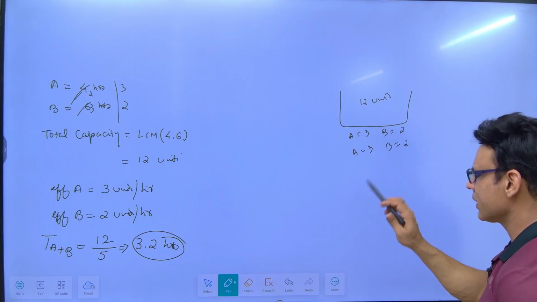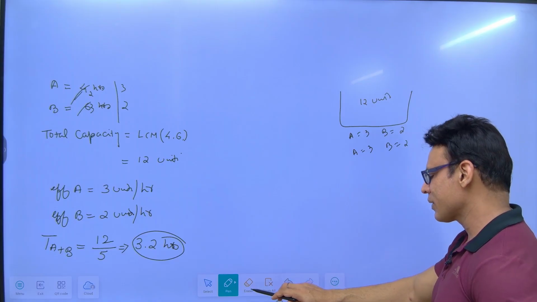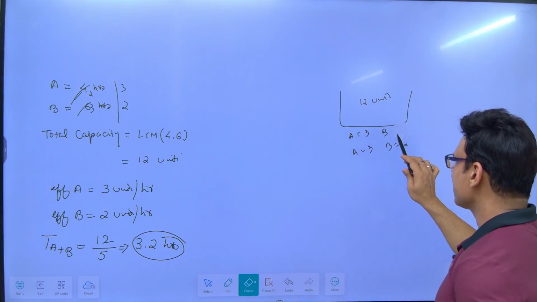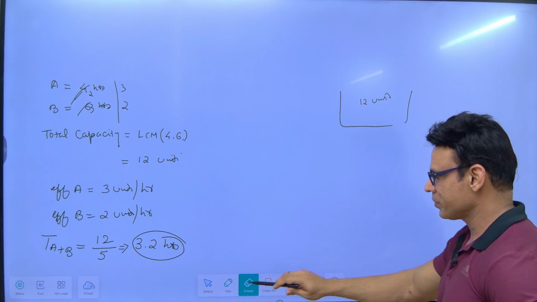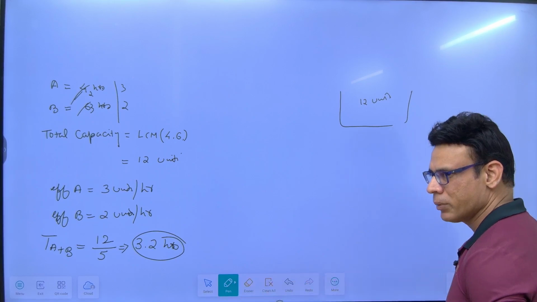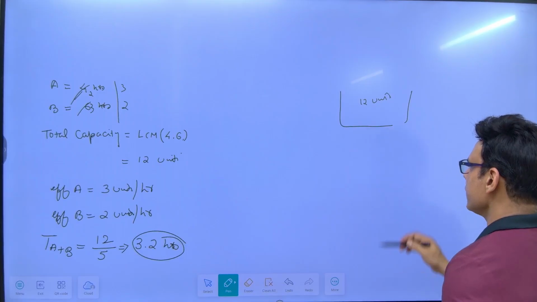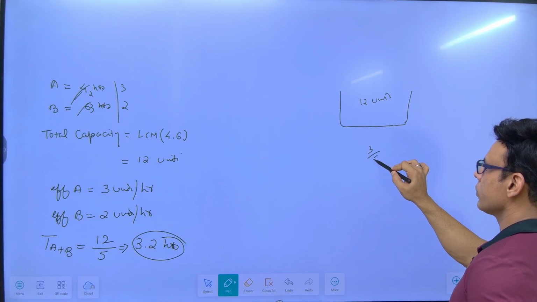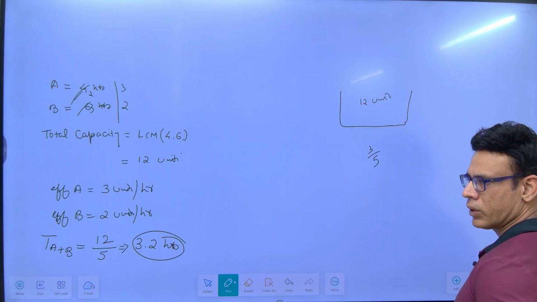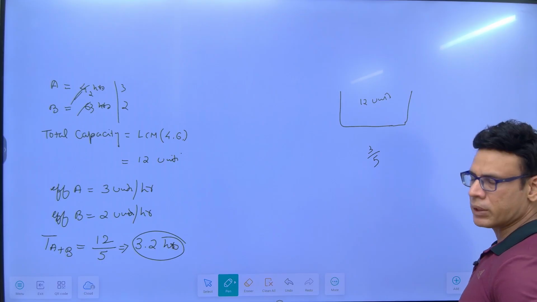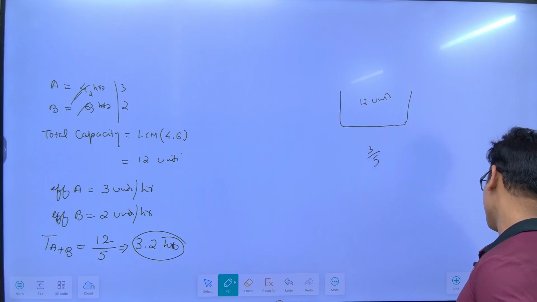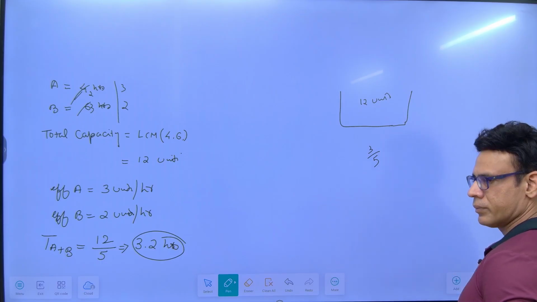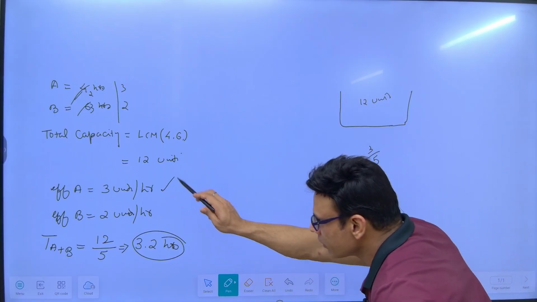Whenever we have these cases, right, I just want to tell you this. First of all, what fraction are they asking that will be filled by A? So A is filling what? 3 out of the total 5 units, or not? Whatever 5 units of water is going in per hour, A is putting how many units of water? 3 units.